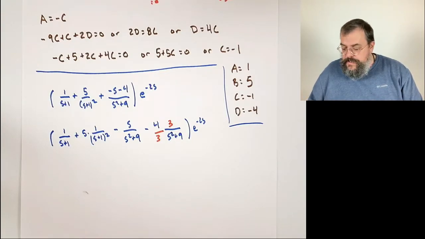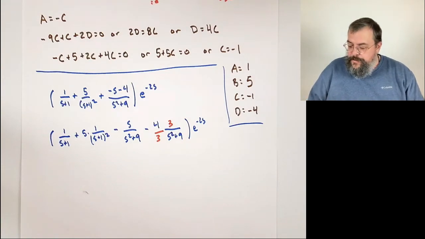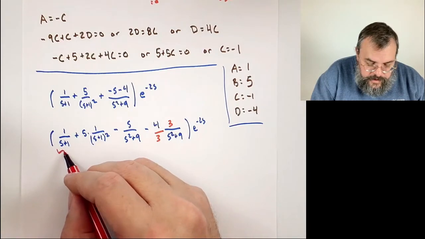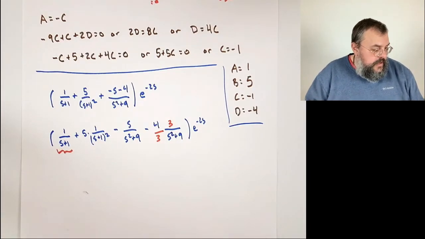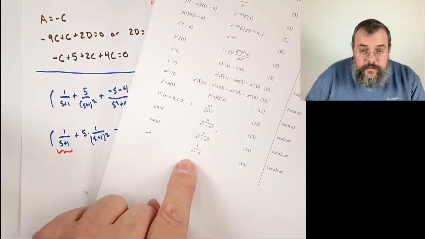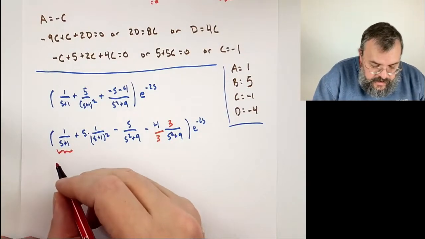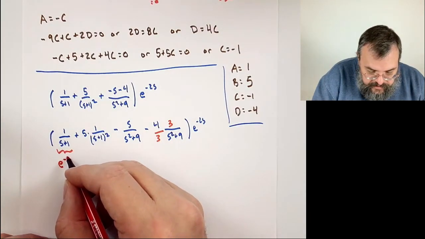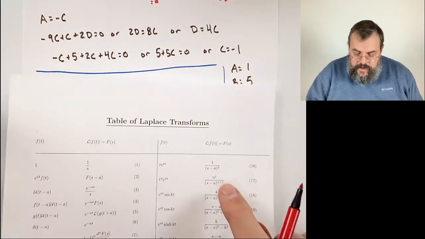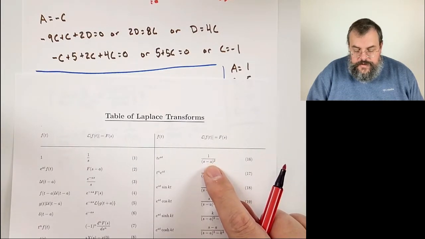Now, here's one last piece of our puzzle, which is to say, what happens to these little individual things? Now, 1 over s plus 1, that would correspond to what? Well, that's 1 over s minus minus 1, so that's an exponential function. So this would be e to the minus t. 1 over (s plus 1) squared looks a lot like that part, where we use a equals minus 1.